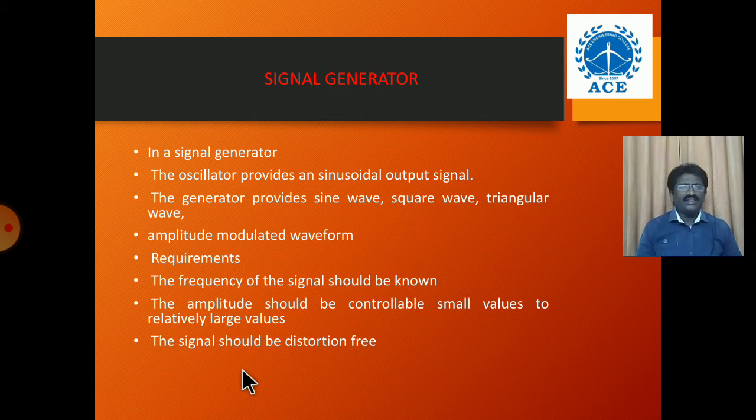Now this signal you should generate without distortion. That means the signal should be distortion free. In our laboratory you can find signal generators in the form of a function generator, having amplitude adjustment and frequency adjustment, frequency selectors.